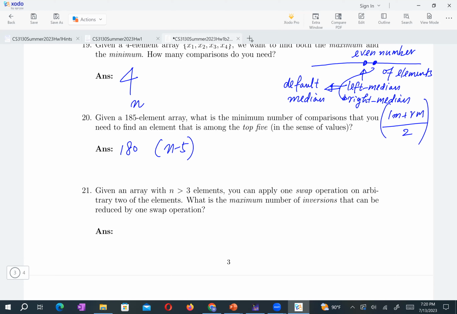Because our finding the minimum is the n minus 1 answer, but here we are finding top 5, not top 1. So the analogy is like this. Top 1, our answer is n minus 1. Then by analogy, top 5, the answer is n minus 5. Some students did it that way.